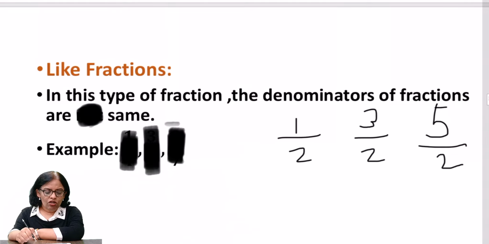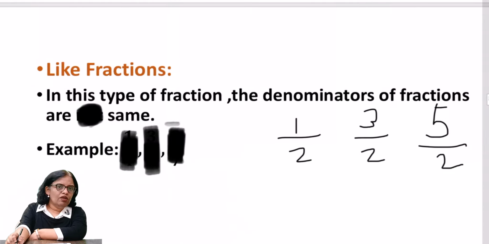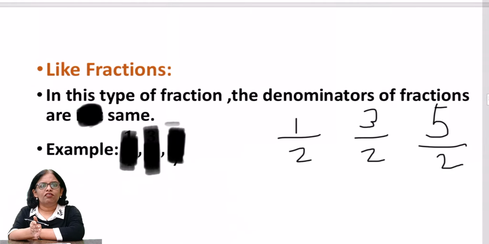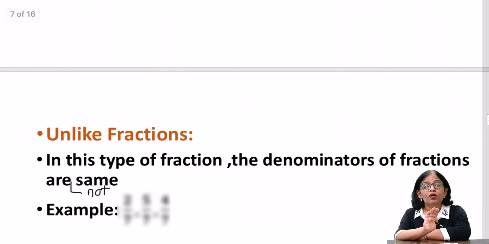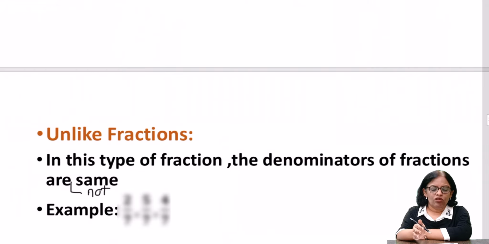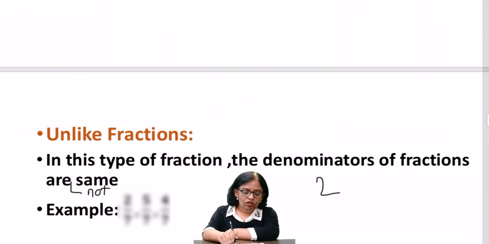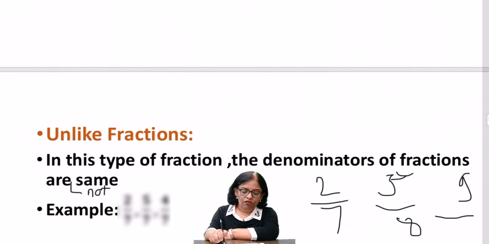Now the next is what? Unlike fraction. Immediately by the word you understood that unlike means the opposite of like fraction. That means the denominators are not the same. Suppose it is 2/7, 5/8, 9/11.